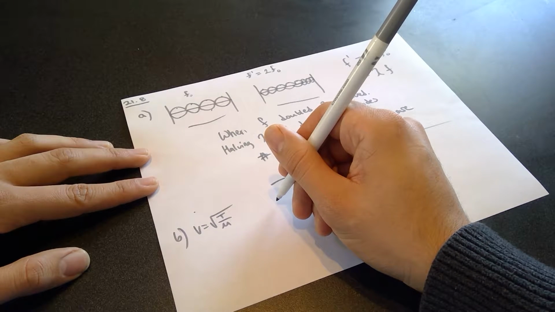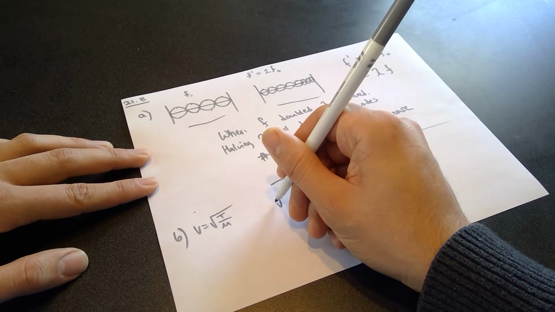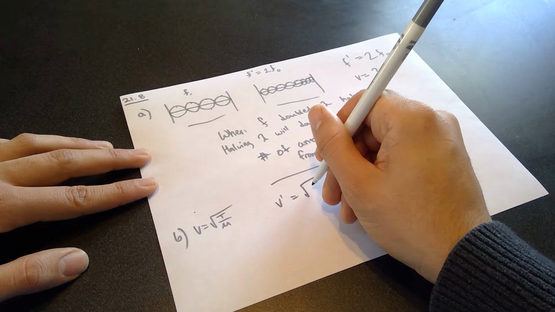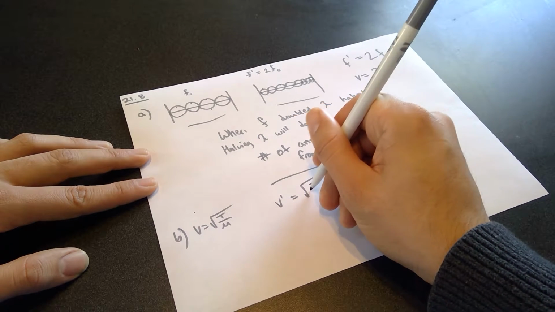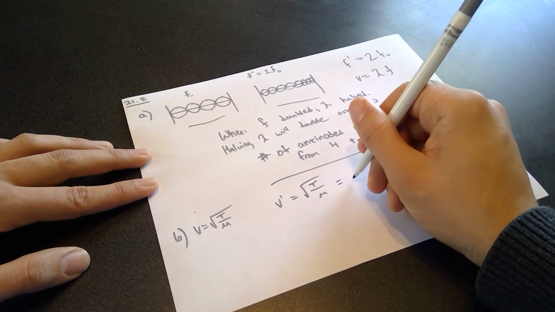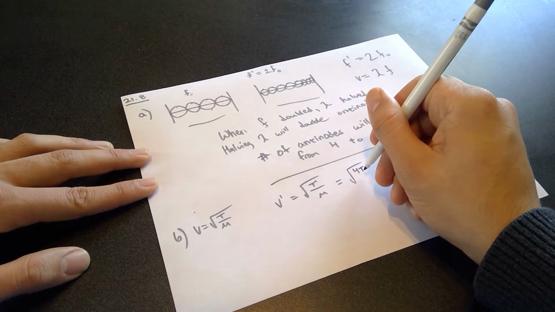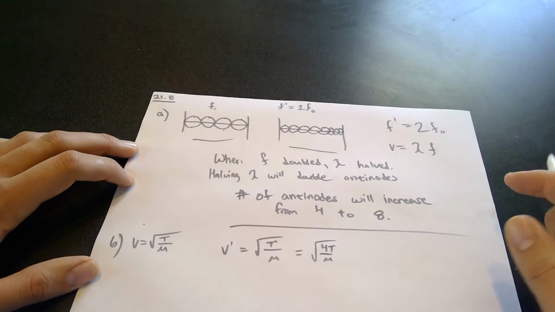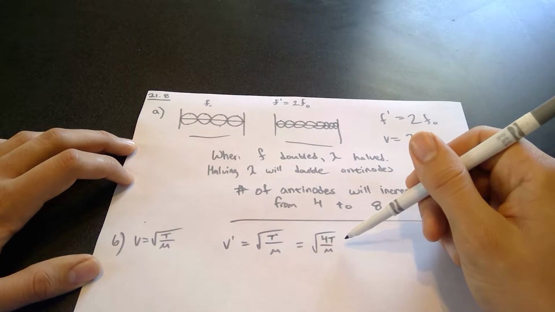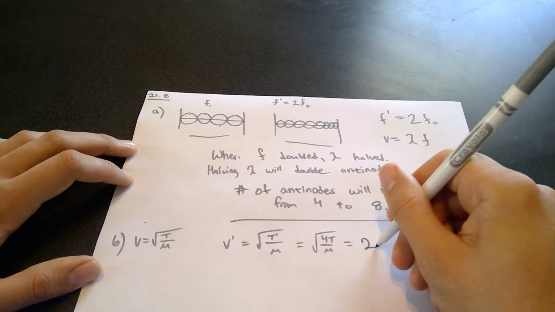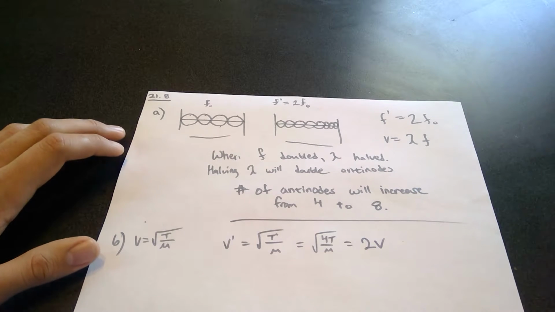If we quadruple our tension, the new equation is going to be v1 is equal to the square root of T1 over mu, and T1 is equal to 4T. So when we solve this equation with the square root, we get that this is equal to 2 times our original v.